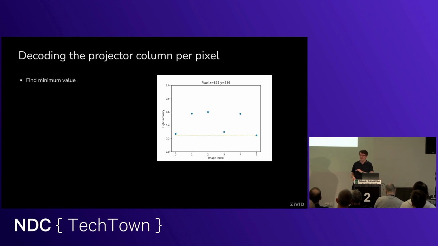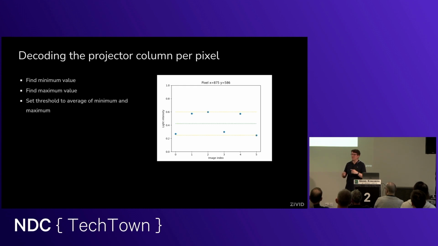We find the minimum value across all the images. We find the maximum value, and then we set a threshold as the average of the minimum and maximum. That's how we figure out whether something is on or off, because the values themselves are floating point, like a light intensity, so they're not on or off yet. We need to set this threshold to be able to figure out where it is on and where it is off.